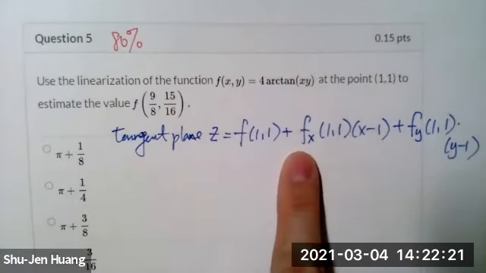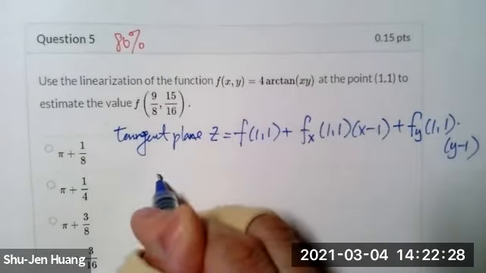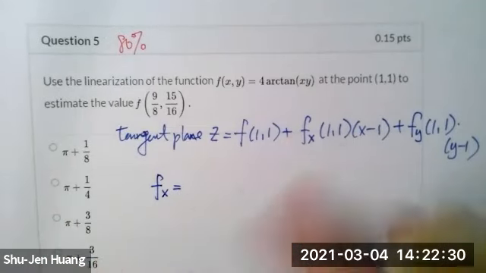Let's figure out the two first partial derivatives. For the partial derivative with respect to x, what's the derivative for arctangent? Do you remember?